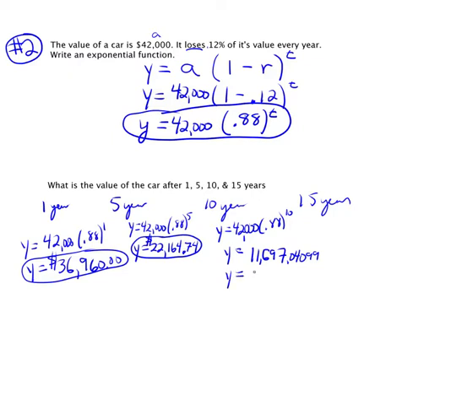So because it's money, it's dollars, we want to round it to the nearest penny. So that would be 4 cents.